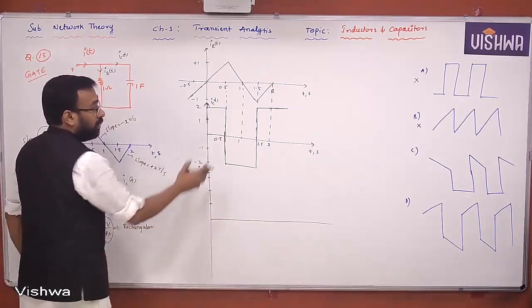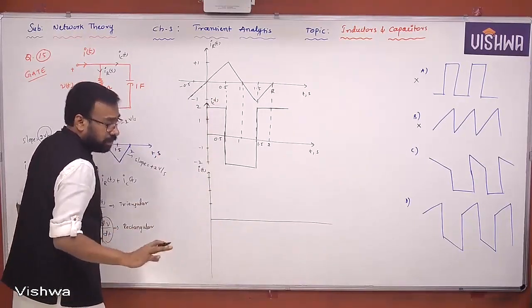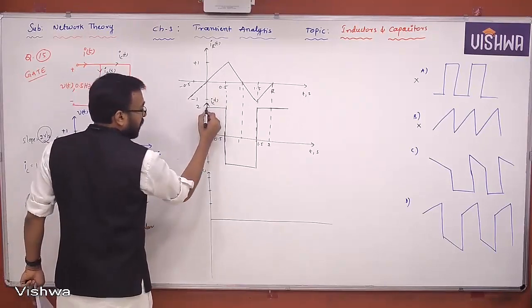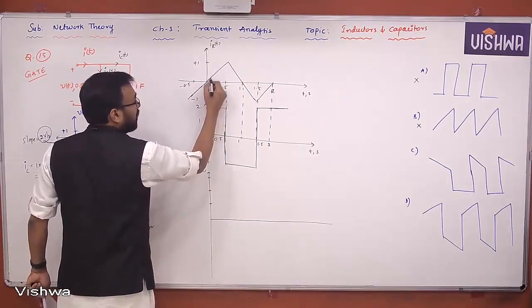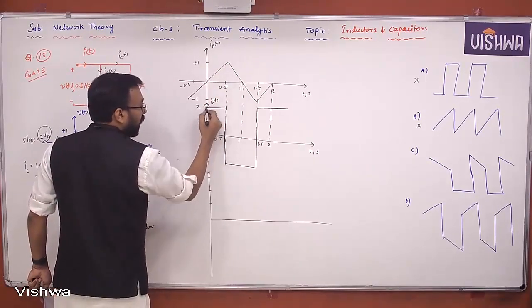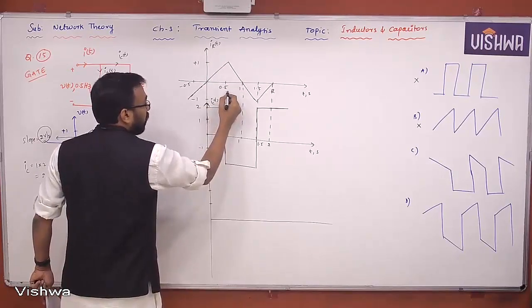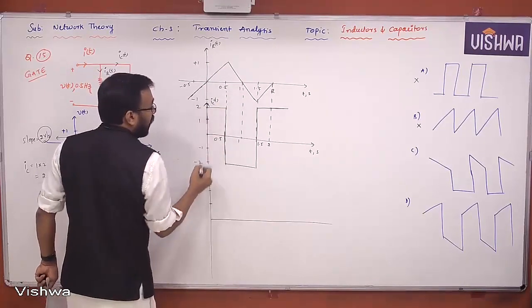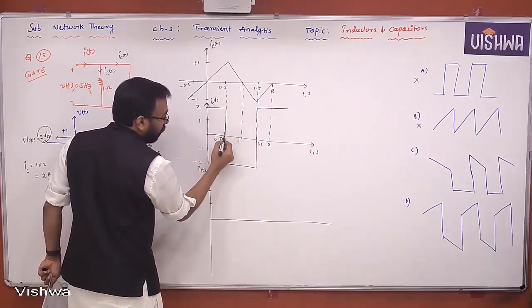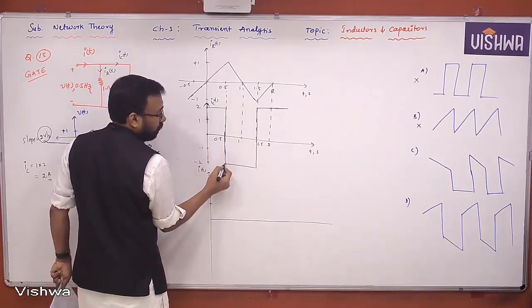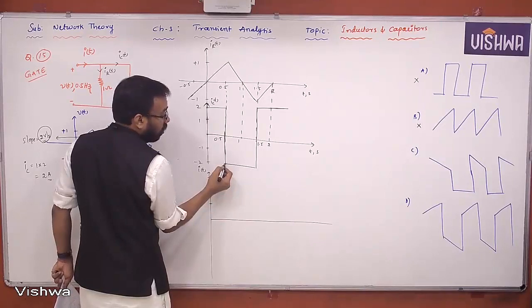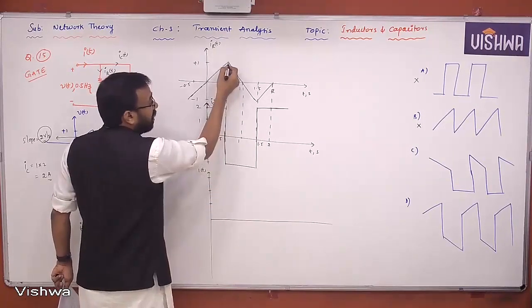From this itself we will understand clearly that this is plus 2 and here it is raising. That means from 0 it is raising. Yes or no, all of you? Now when it comes to 0.5, it is coming down to -2. Yes or no, all of you? Coming down to -2. Then here it is decreasing.